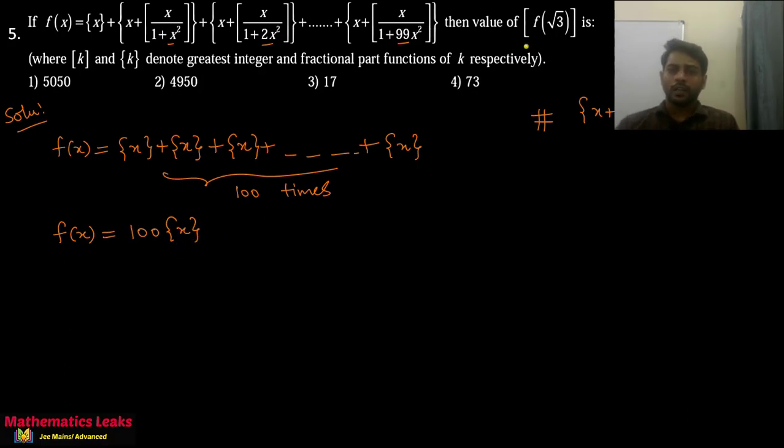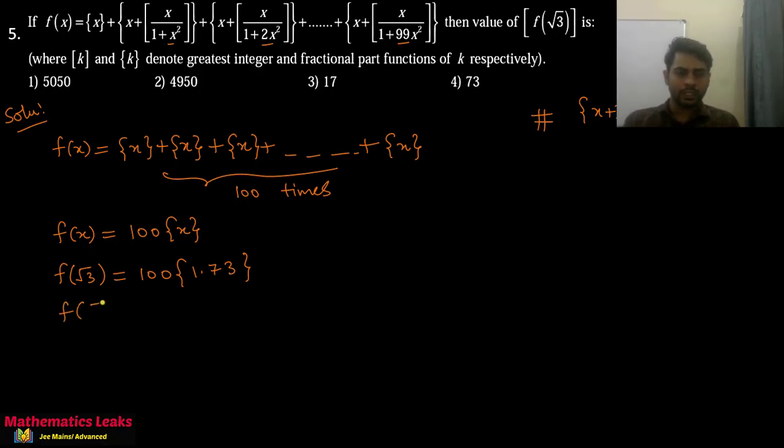Now we will observe f of root 3. So f of root 3 will be equal to 100 into fractional part of 1.73. Approximately we can say the root 3 value is 1.73, right? So f of root 3 is equal to 100 into the fractional part of 1.73, which is 0.73.